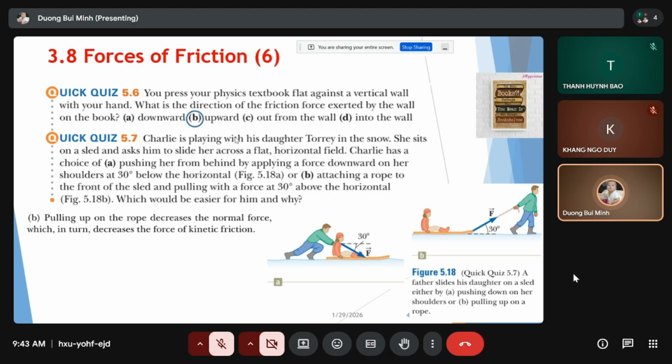And now we have case B. Case B is we have this object and F like this.